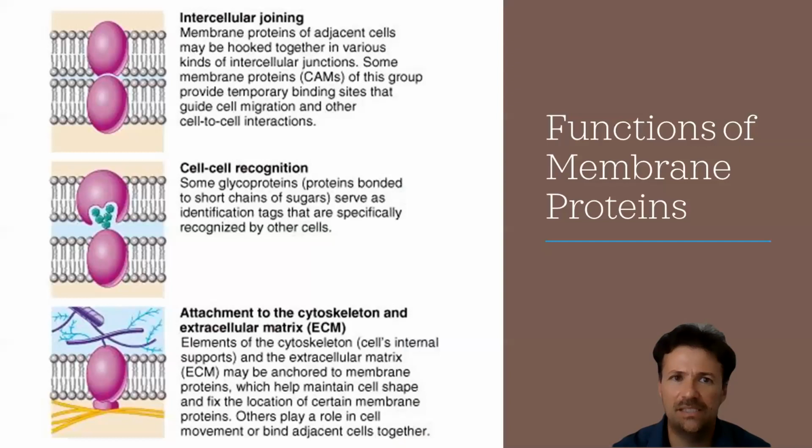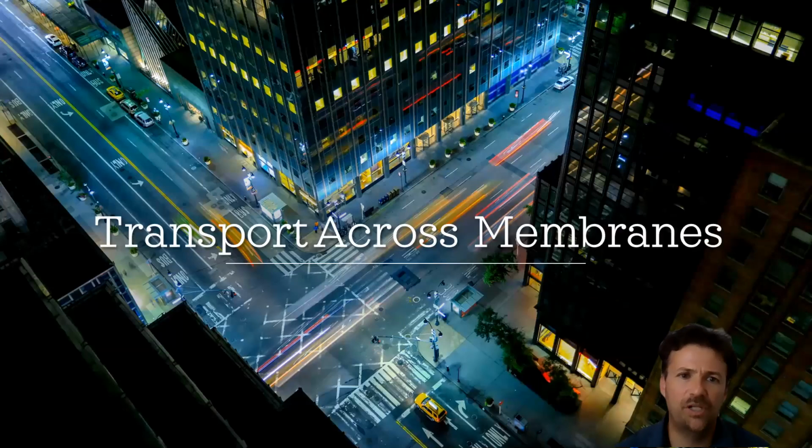We see that these can also function for structural support and cell-to-cell recognition and attachment to the cytoskeleton and the extracellular matrix. So all of these things are done by the proteins that I just mentioned. So that's a quick summary of the cell membrane.